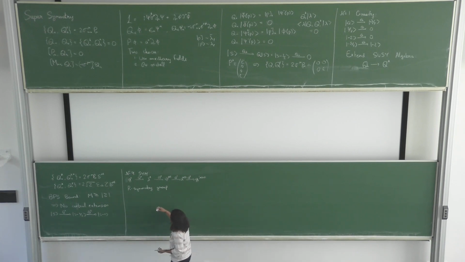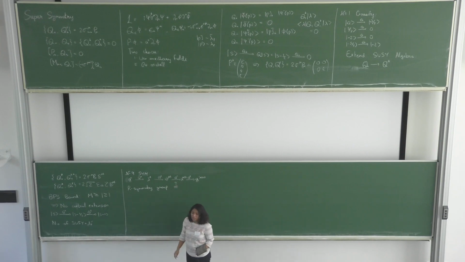Okay. So what is the maximal R symmetry group? Just looking at the algebra that you can have is U(N), where N is the number of supersymmetries. So the number of SUSY is N, and then I can have a maximal R symmetry group, which is U(N).